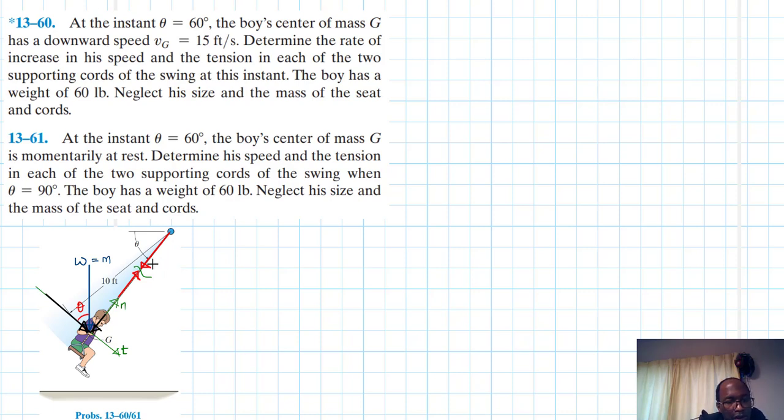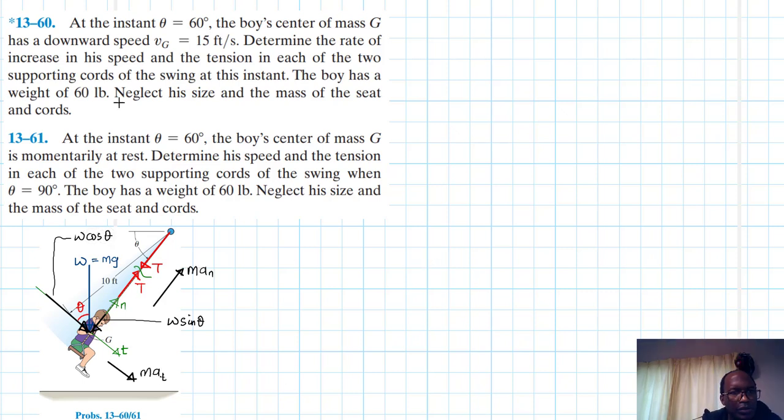Let's label them. Like we said, this is our tension. This component is equal to W sine theta, and this one is equal to W cos theta.